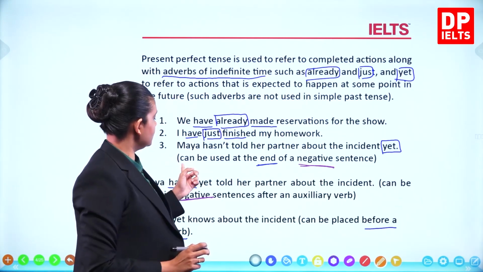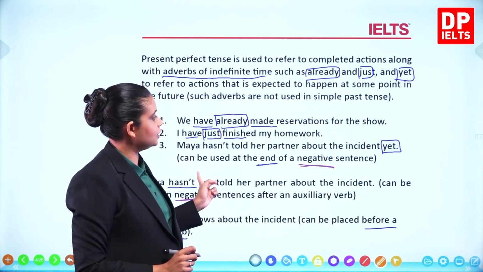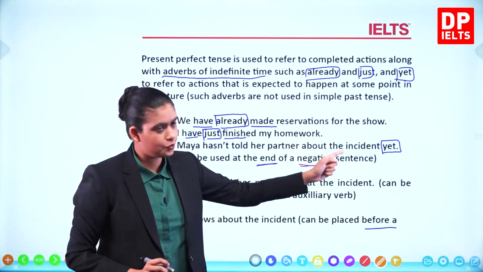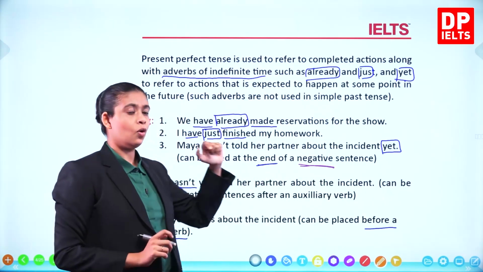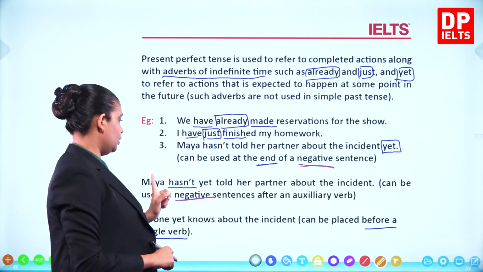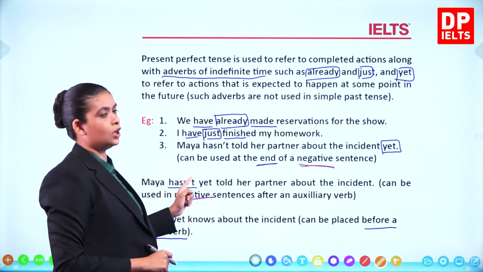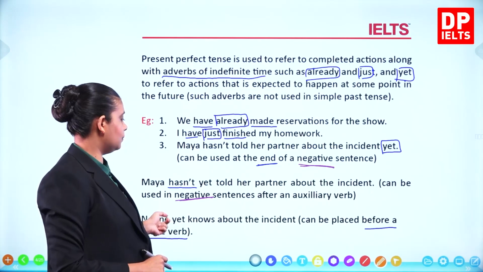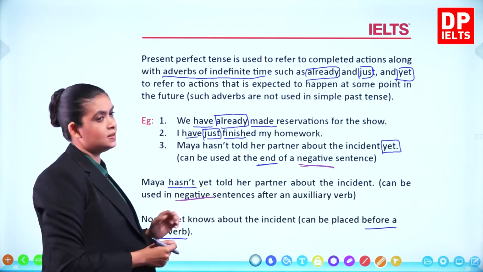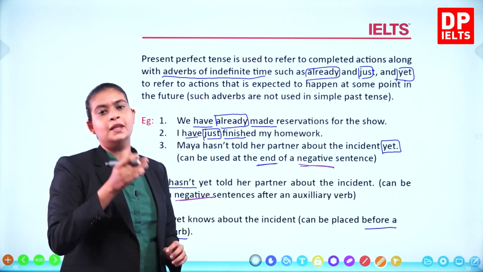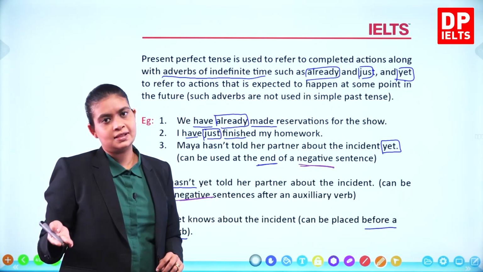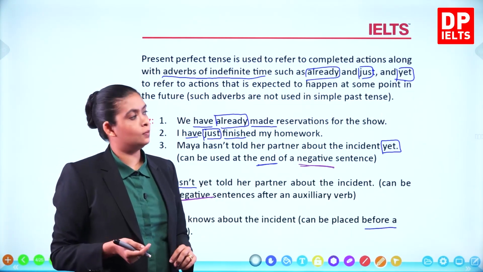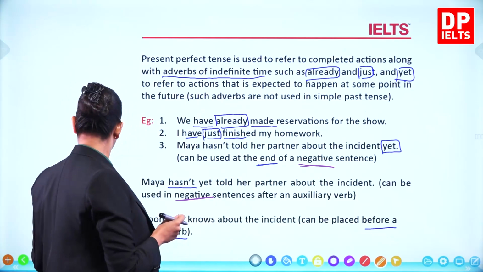So, here you can see that yet is used at the end of a negative sentence, or yet can be used after an auxiliary verb, or yet can be placed before a single verb, right? So, those are the three instances that yet can be used.